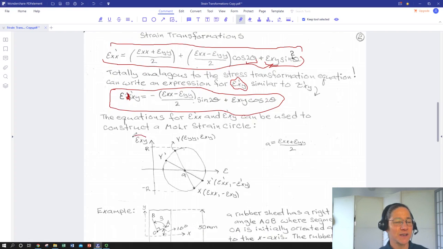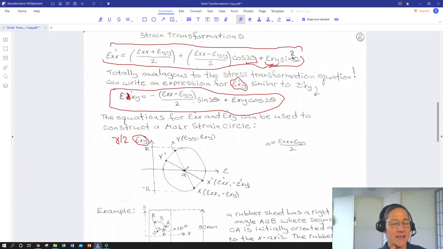And again, we're using tensor shear, so this would be gamma over 2. So we're plotting shear strain versus normal strain, where we plotted shear stress versus normal stress with the stress Mohr circle.